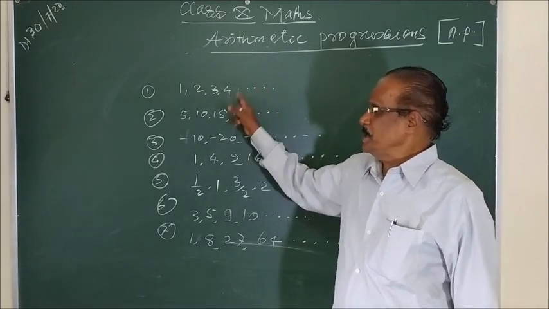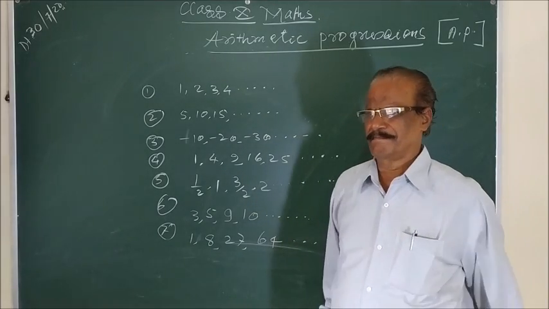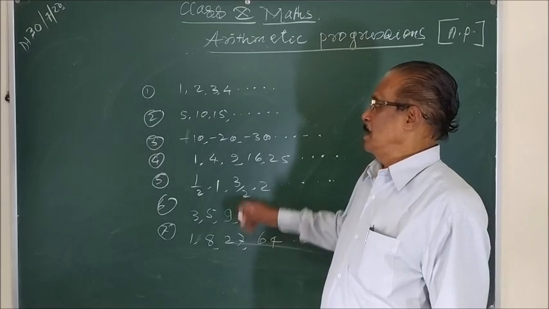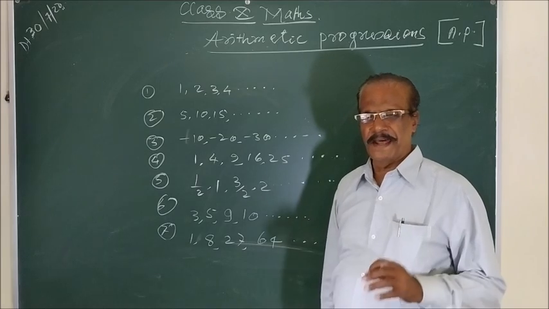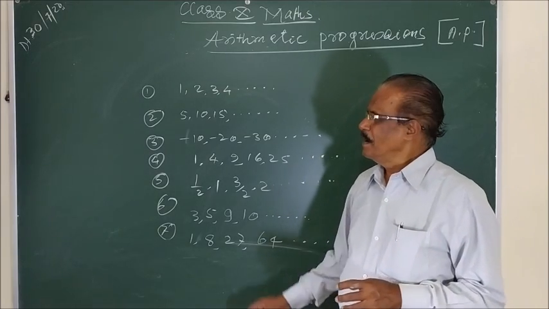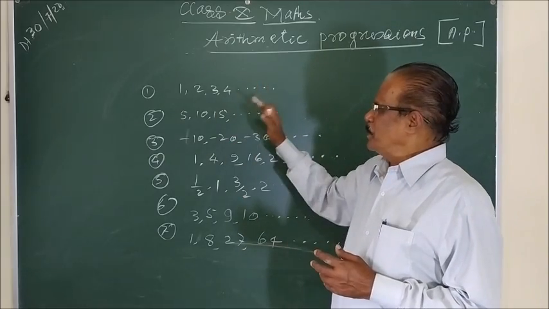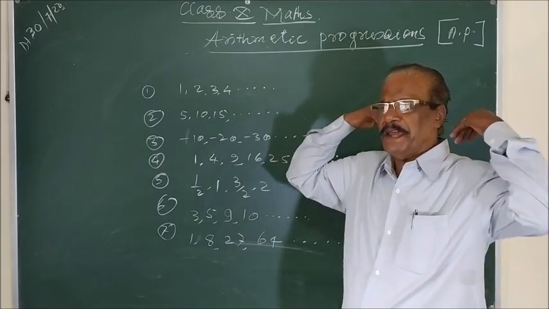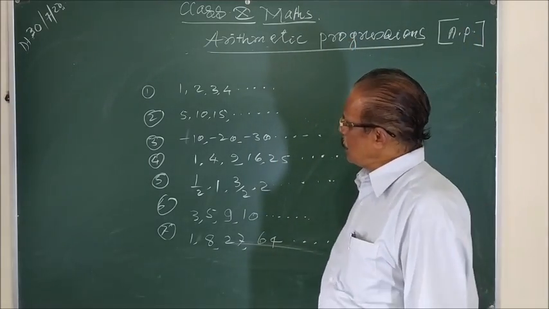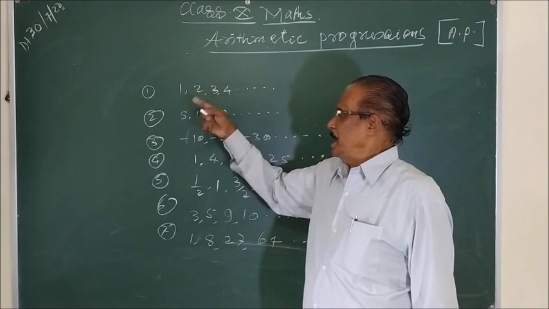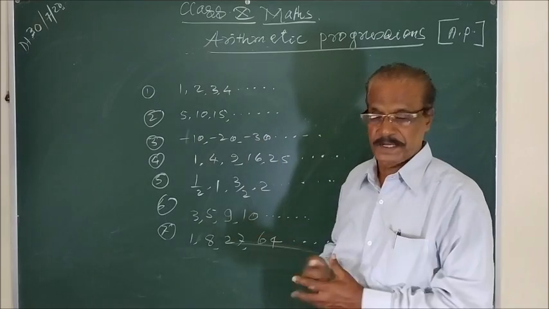So this list of numbers have some specific patterns. So now you see in number 2, 5, 10, 15. Now come once again in number 1. So 1, 2, 3, 4, dash, dash means many numbers can be written, uncountable. So sir, what is the specific thing in this list?